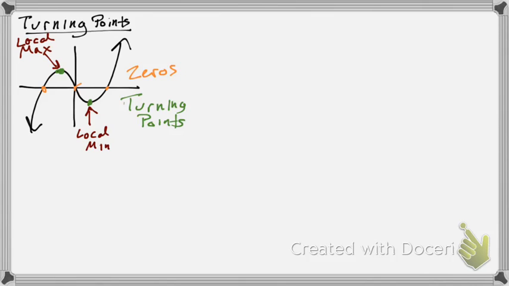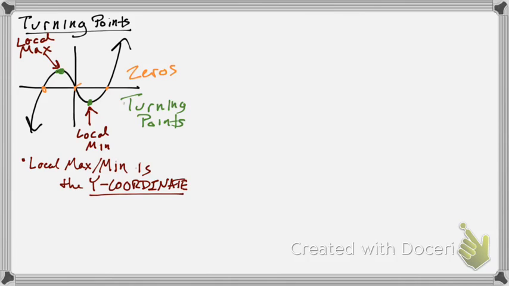So when we look at a polynomial, the local max and the local min, another thing that I think some students get confused with: the local max or local min is really the y value of the turning point, not the x value.